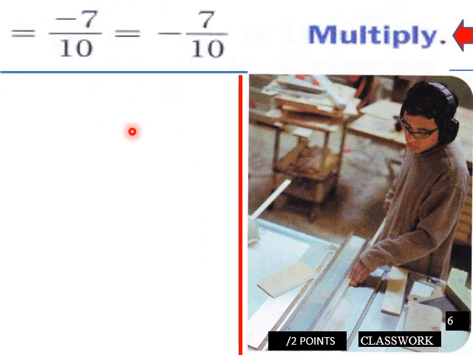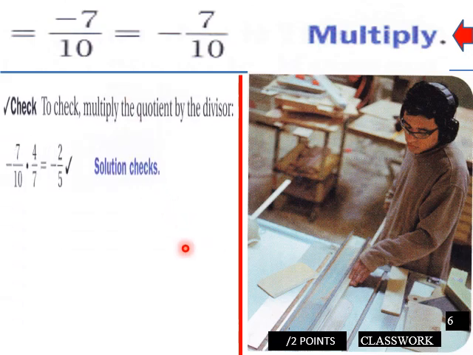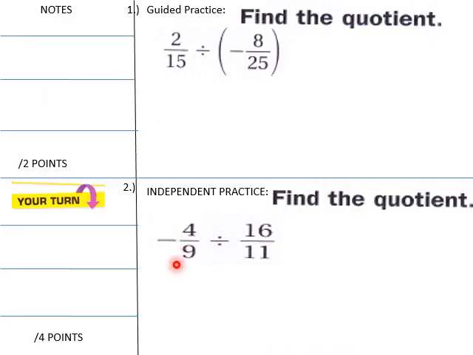So that will be our quotient for that division problem. And then we check it. We multiply our quotient by our original divisor, and we get our 2 over 5. Multiply the quotient by the divisor.